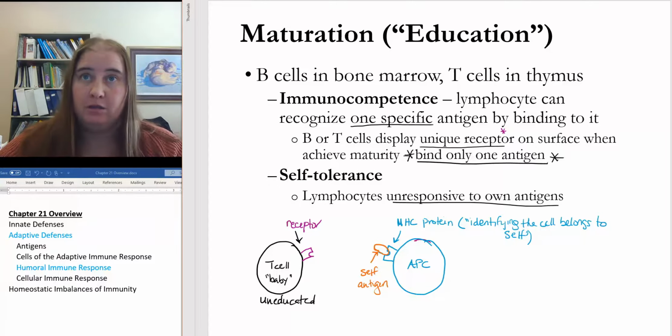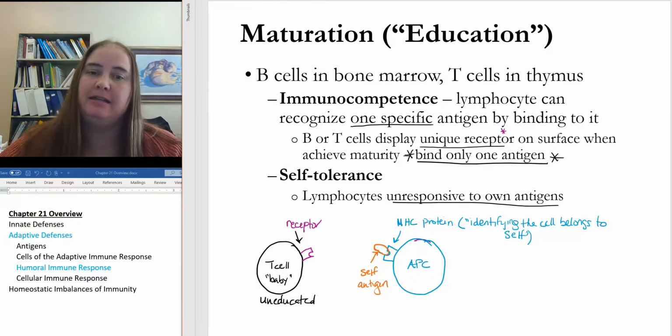So here's our baby cell. We need this T cell to become educated to the cells of our body.